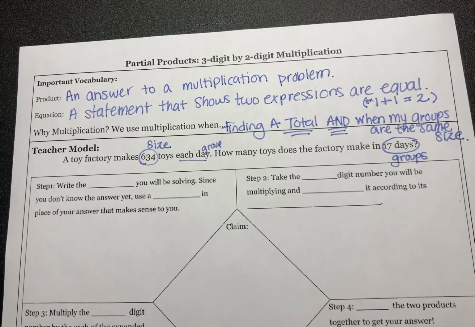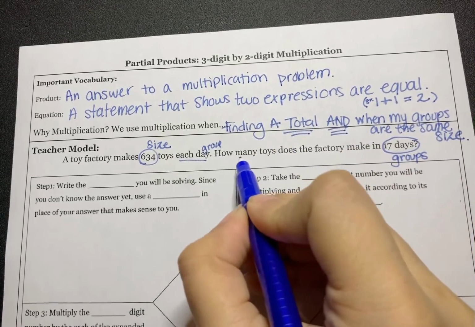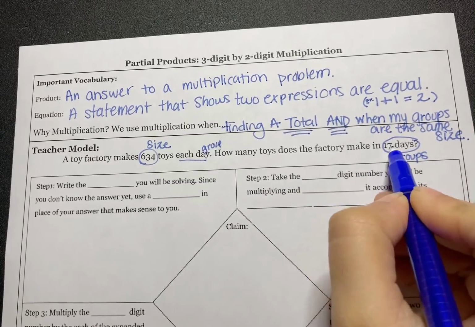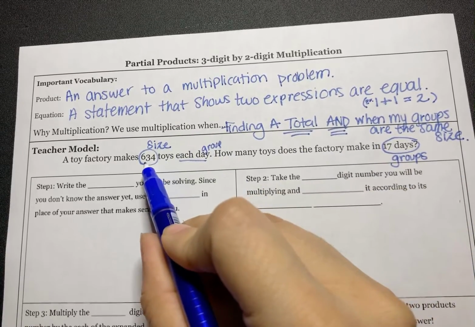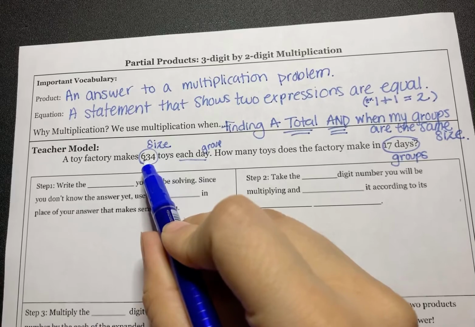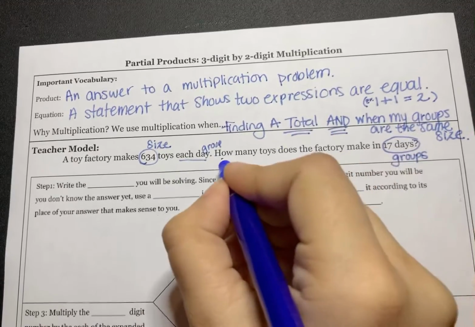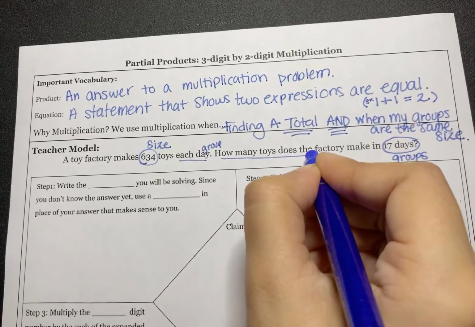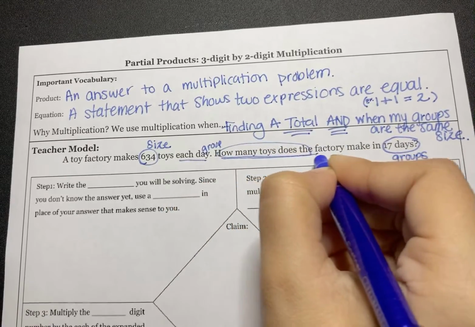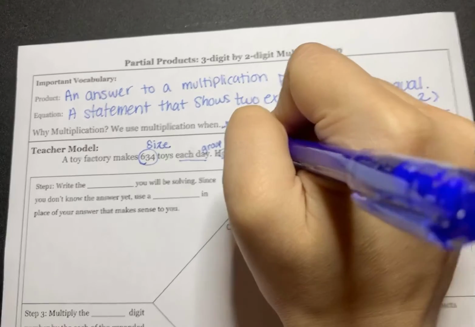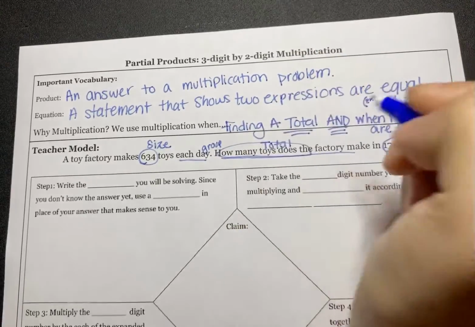And then last but not least is total. So when I'm reading this question, how many toys does the factory make in 17 days? That means I'm going to repeatedly add 634 17 times, which is a lot of work. Or I can use multiplication in order to find the answer to this question. How many toys does the factory make? I'm looking for that total.